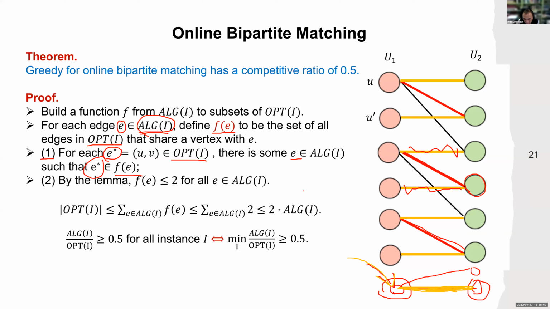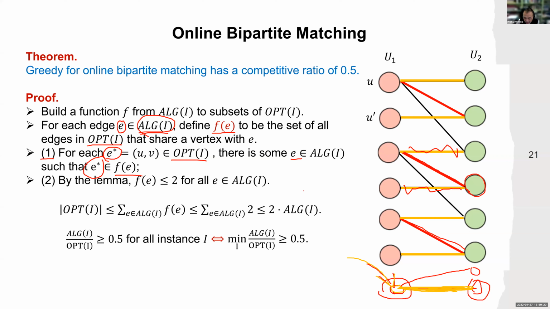Firstly, we know the algorithm didn't pick the yellow edge, because it's in the optimal but not in the online algorithm. It also didn't pick any edge starting from this node.